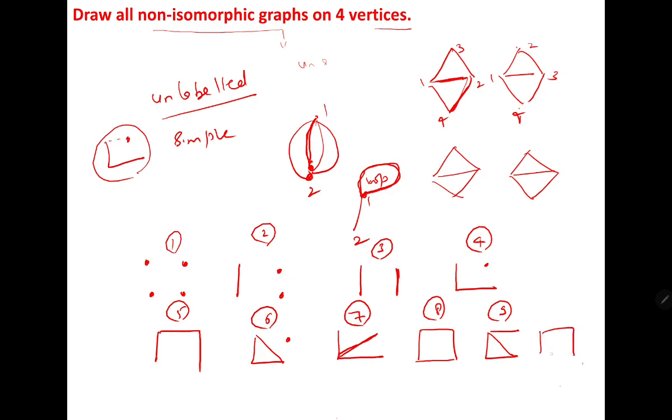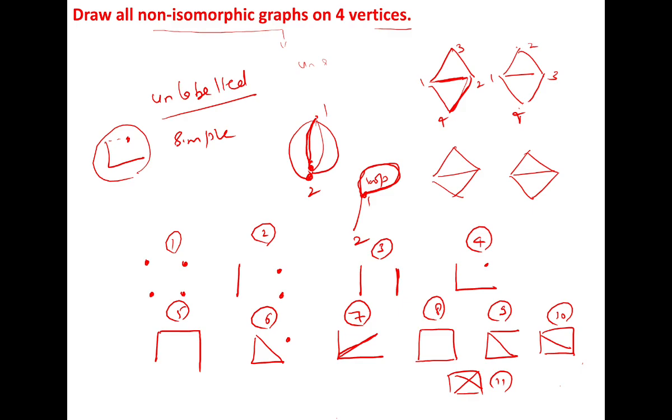From 8th I can do one more, this is my 10th, and from 10th I can add one more edge, this is my 11th. I cannot add more edges now because I need only one edge between a pair of vertices. So minimum edges are 0, maximum are 6.